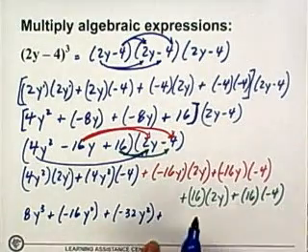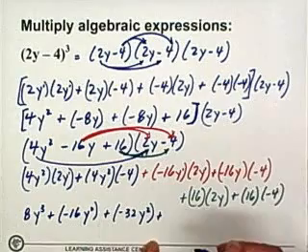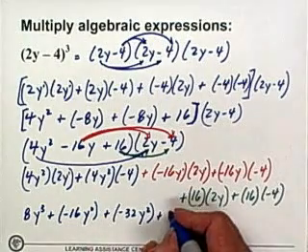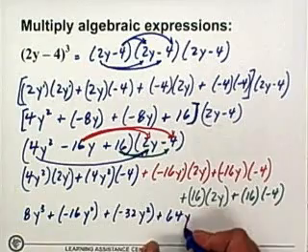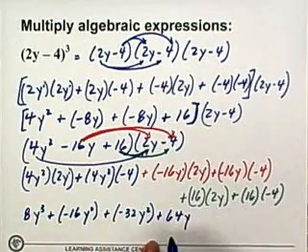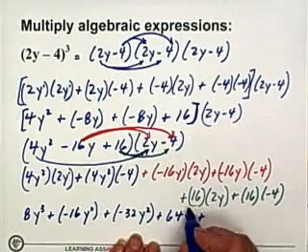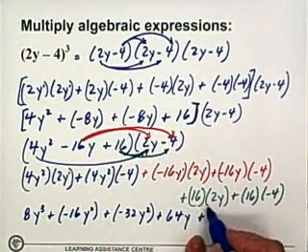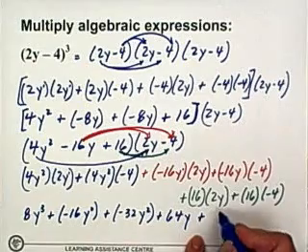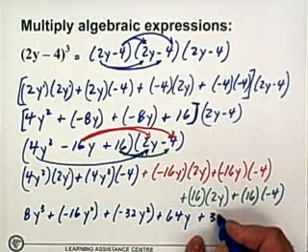Then I'm going to add this minus 16y multiplied by minus 4. Minus 16 times minus 4 is 64, and we have 1y, and that's a positive 64, minus times the minus. Then we're going to add, now we're moving on to this one here. This is plus 16 multiplied by 2y, so that becomes 32y.